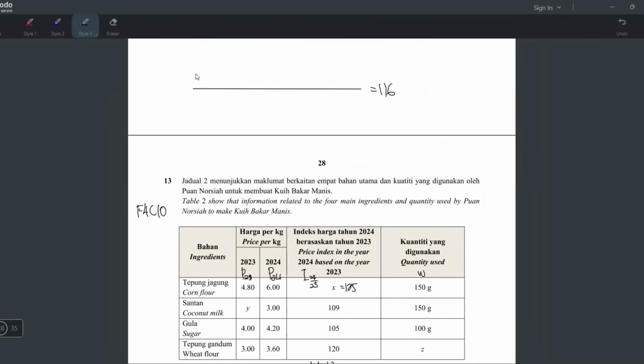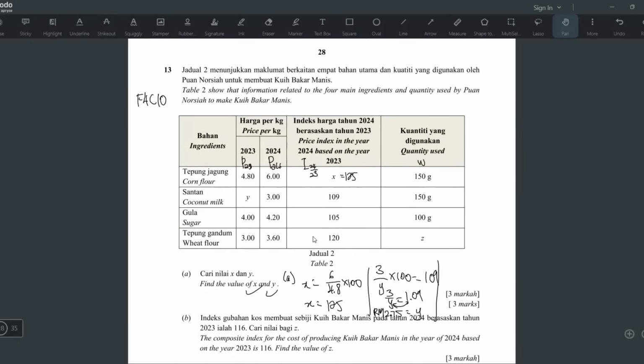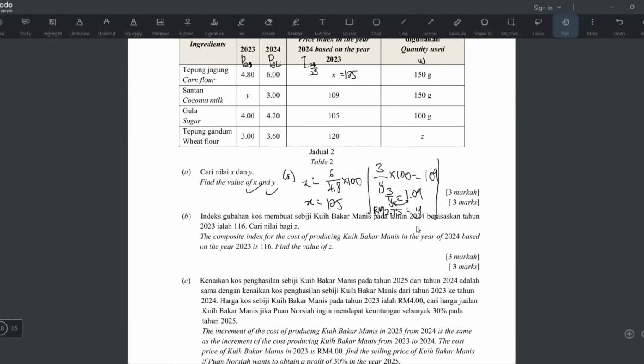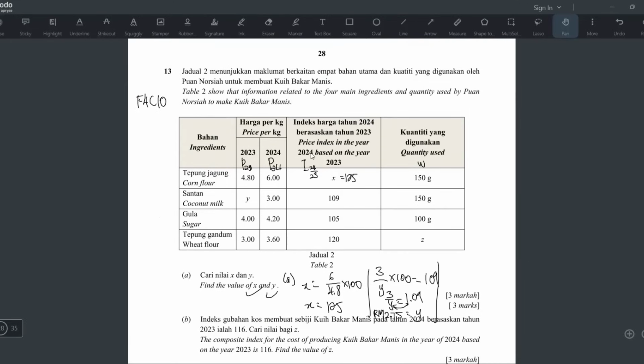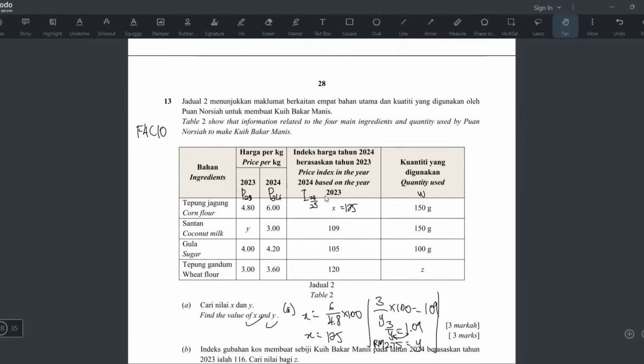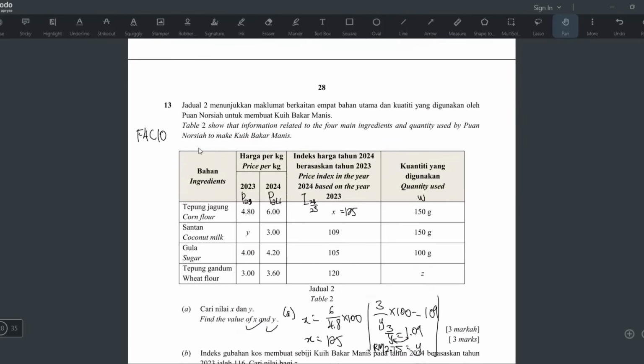So it will be 125 times 150 plus 109 times 150 plus 105 times 100 plus 120 times Z. And the Z is what you want to find later, but you can find it because you have the answer here already. So later you can move it. Then divide by the total weightage, which is 150 plus 150 plus 100 plus Z. Another thing I want to mention: the reason why you can straight away take from here is because the 116 is the composite index for 24 based on 23 also, and this is also the price index for 24 based on 23. So the year already matches with the composite index's year here. So that's why you can straight away take it.